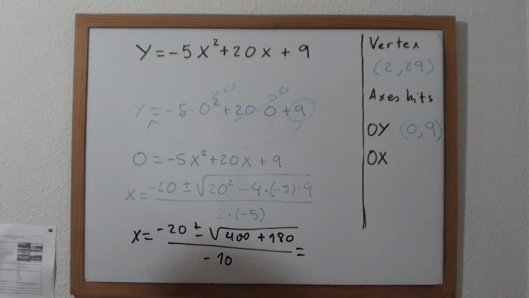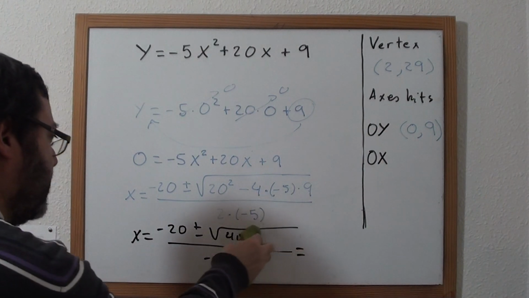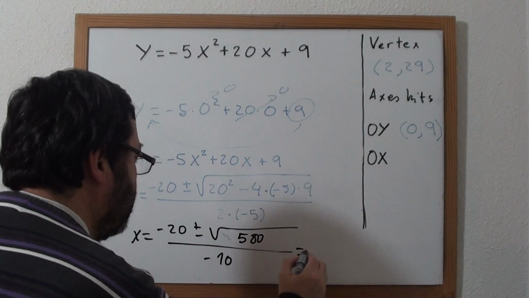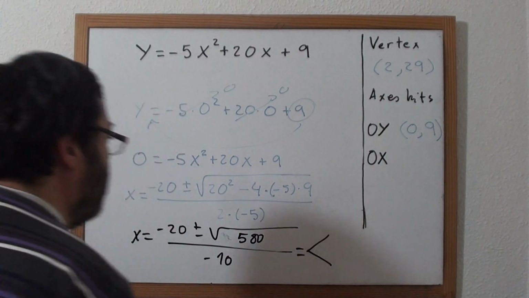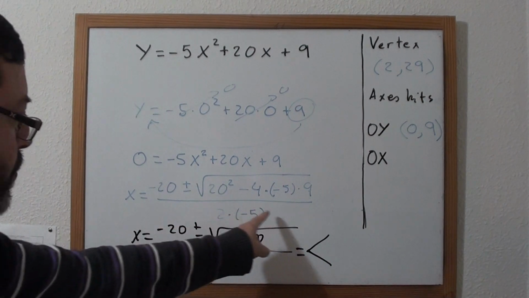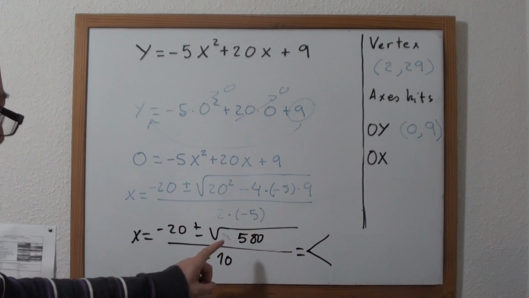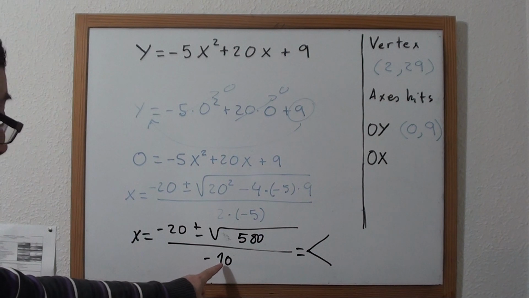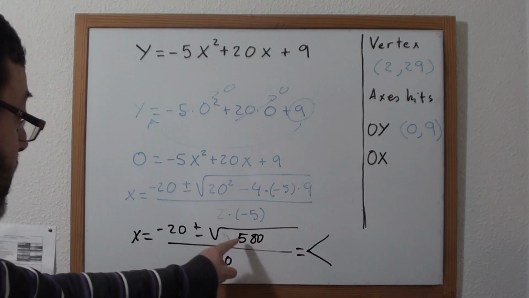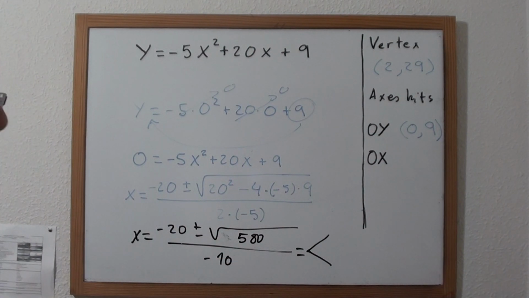So 400 plus 180 will be 580. And here we have two solutions. It will be minus 20 plus the square root of 580 divided by negative 10, and minus 20 minus the square root of 580 divided by negative 10. Okay, you can stop the video here and do the calculation yourselves. I'll tell you in a second.